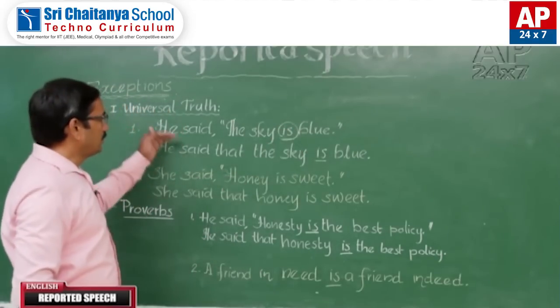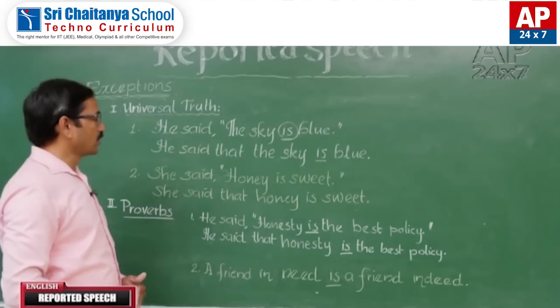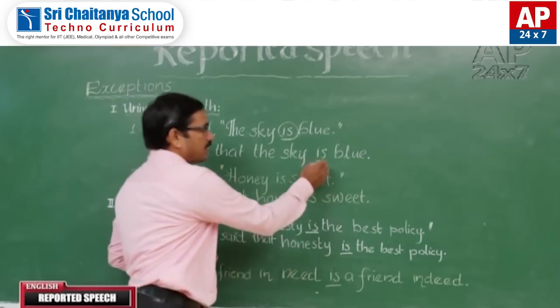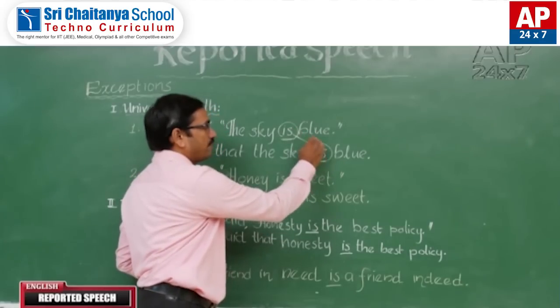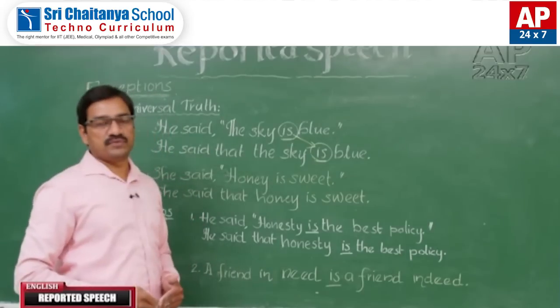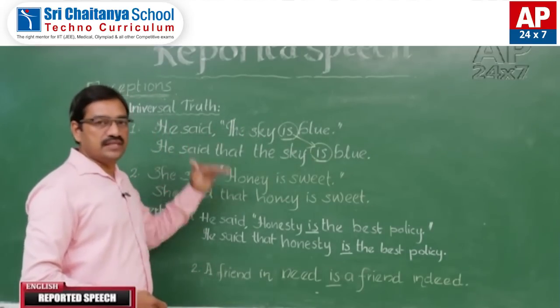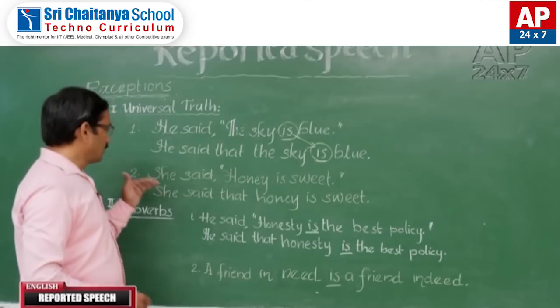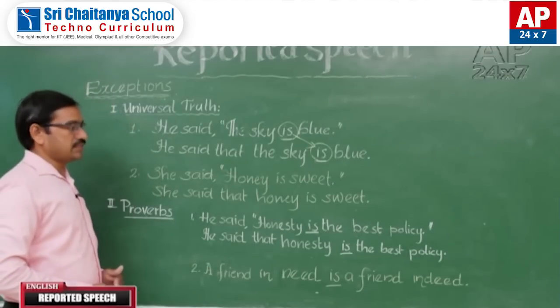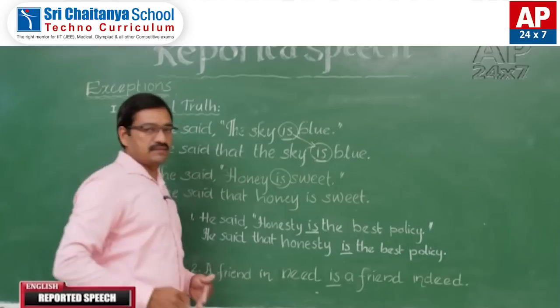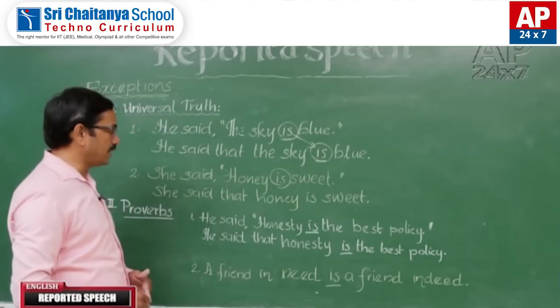You can see here, he said the sky is blue, the direct speech. In the indirect speech, we have he said that the sky is blue. So, we have not changed the verb forms from direct into indirect, and the reason is these are universal truths. Example 2, she said honey is sweet. It is written in present form, is the verb there.